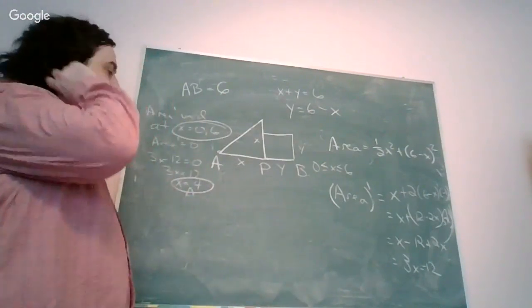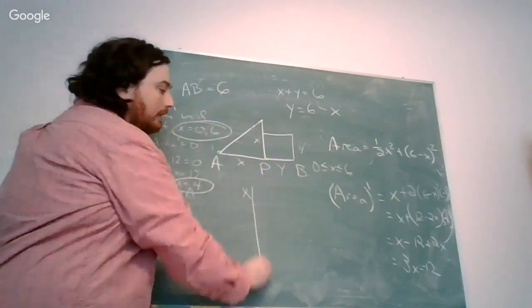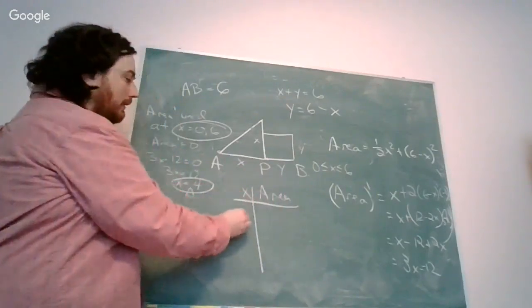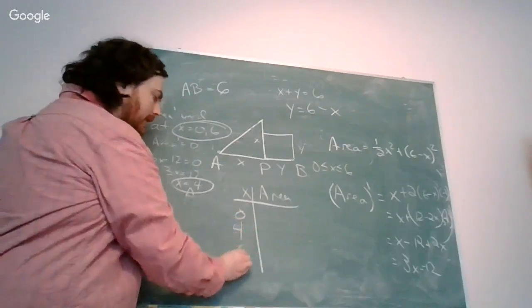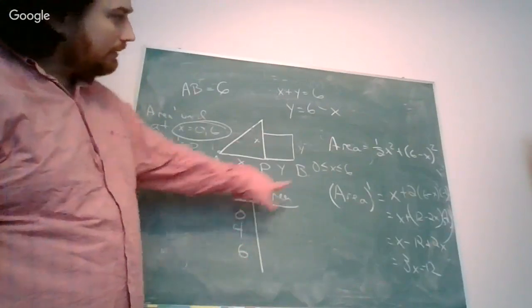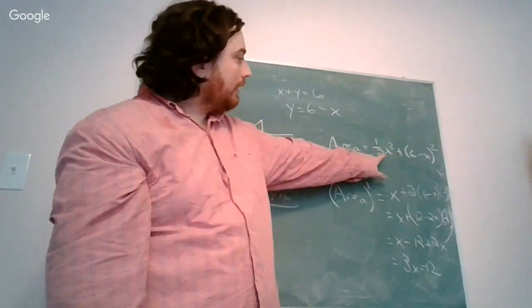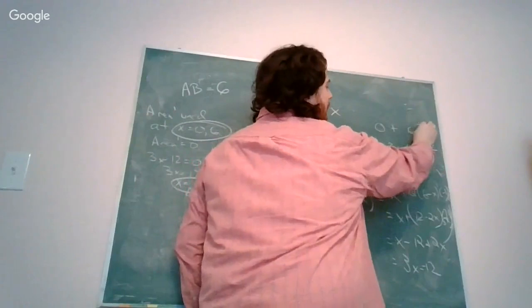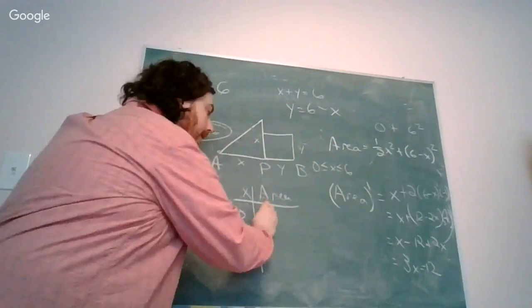So all I'm going to do now is make a table. Here are my critical values, and here is my corresponding area. If I plug in 0, 4, and 6, I plug 0 into my area function over here. I get 1/2 times 0 is 0, plus 6 minus 0 is 6, squared is 36.